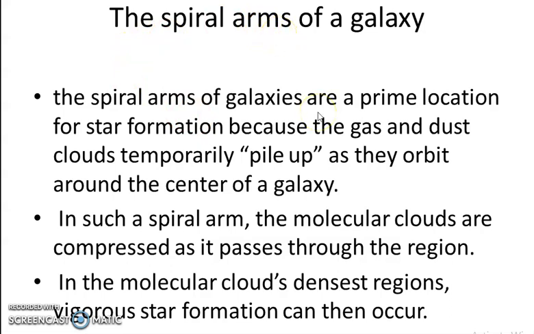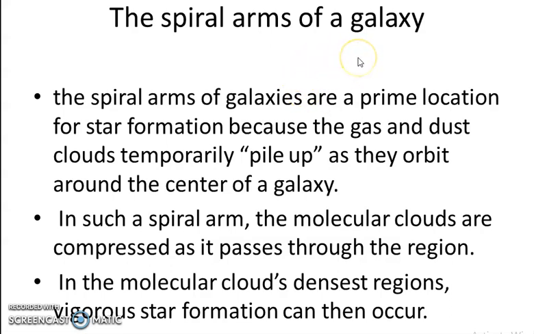The spiral arms of galaxies are important locations for star formation because the gas and dust clouds temporarily pile up as they orbit around the center of the galaxy. We have already seen the spiral arms. In this process, the gas and dust clouds accumulate in the spiral arms.